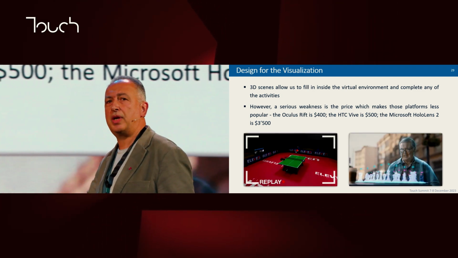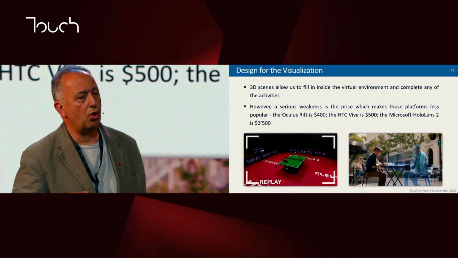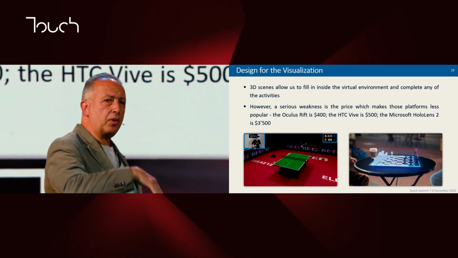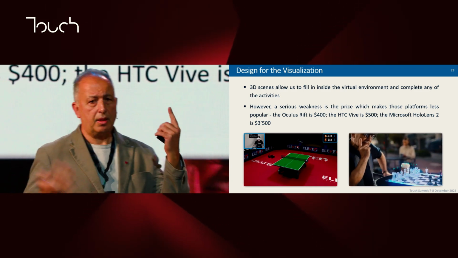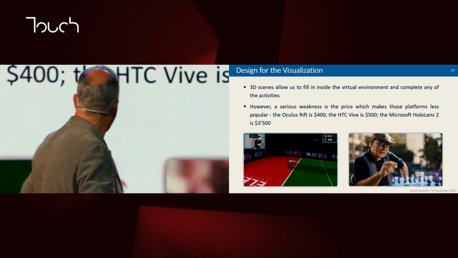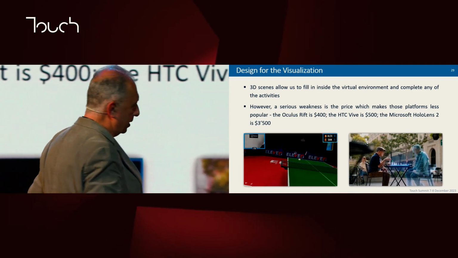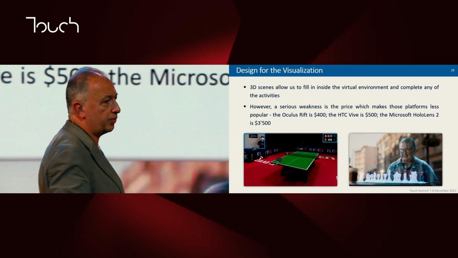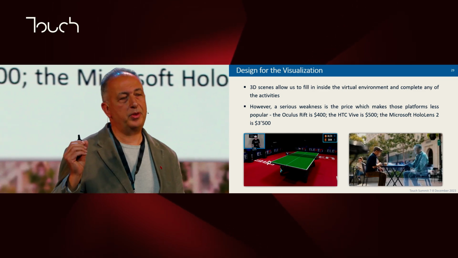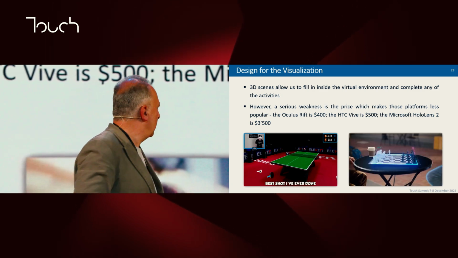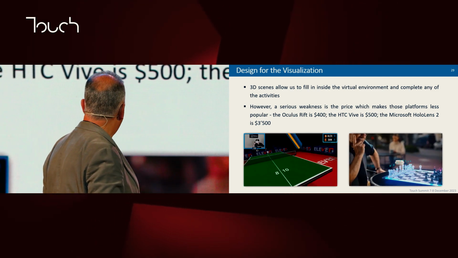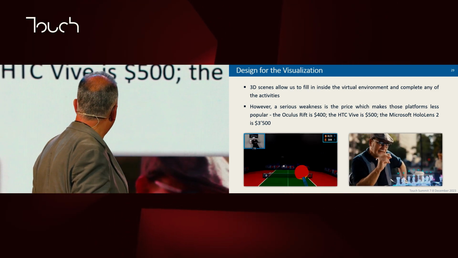So they are decreasing, and this tendency is going on. Quality is increasing, the price is decreasing. Unfortunately, HoloLens, a year ago, was 3,500, and for the moment, it is the same. So, well, very good.